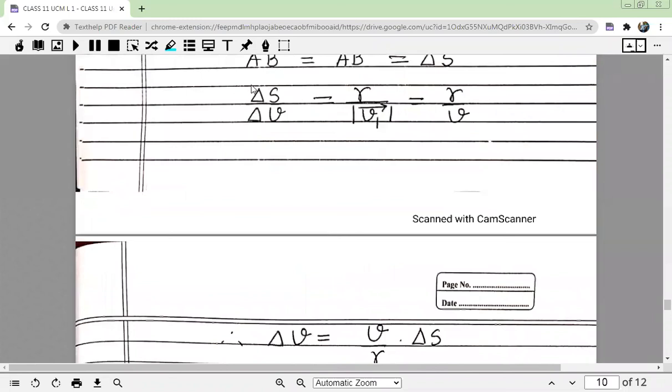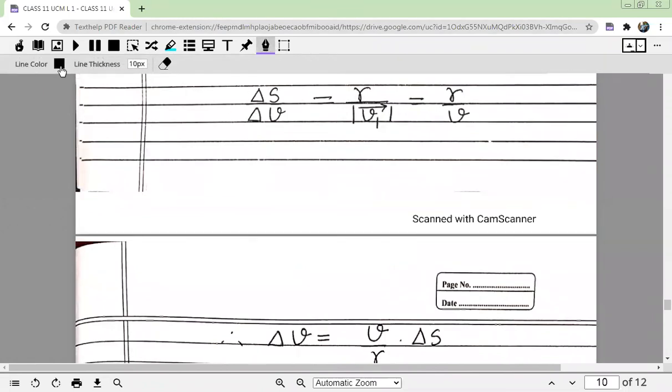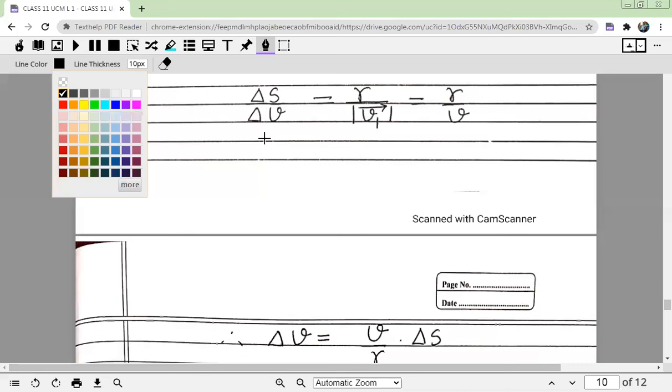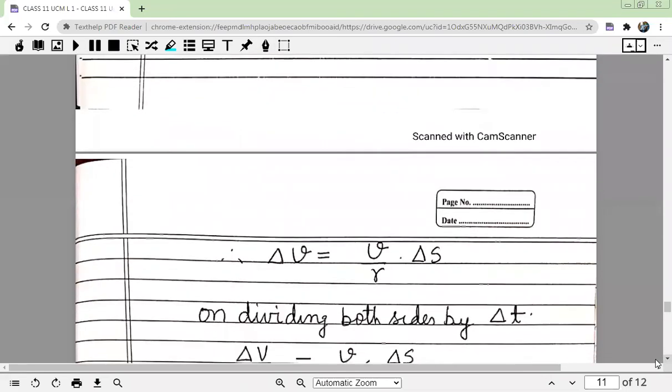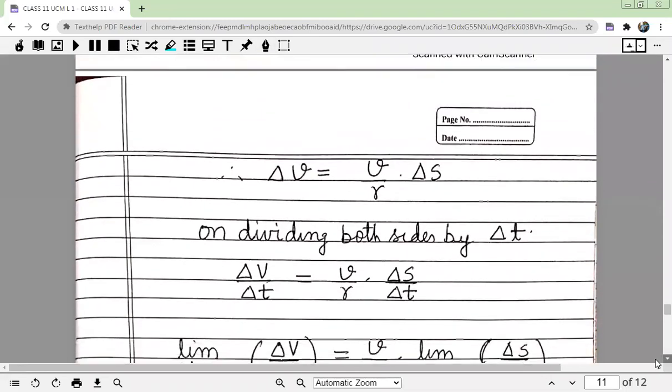So you will get this relation: delta S upon delta V equals R upon V. It's clear. So what will be delta V from here? Delta V will be equal to V upon R into delta S.